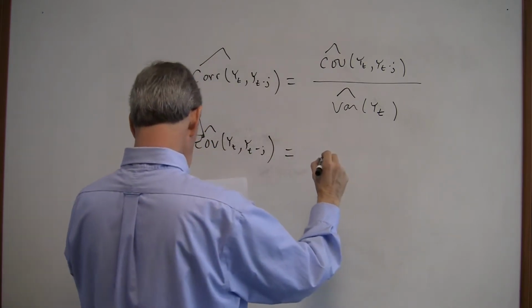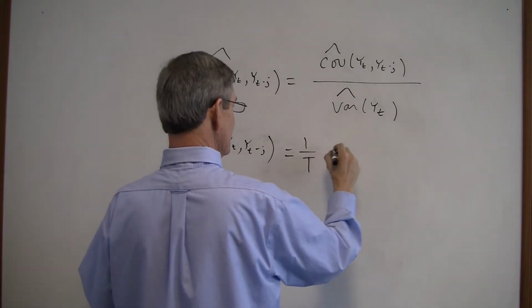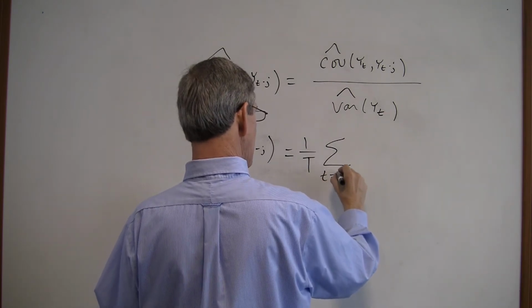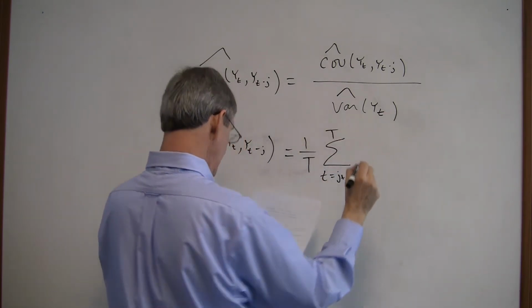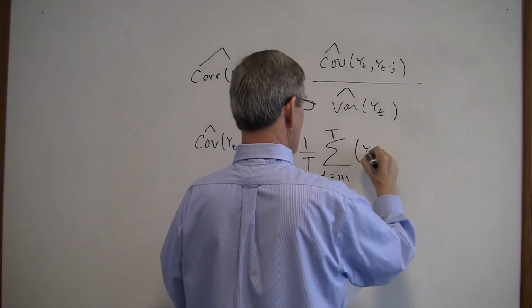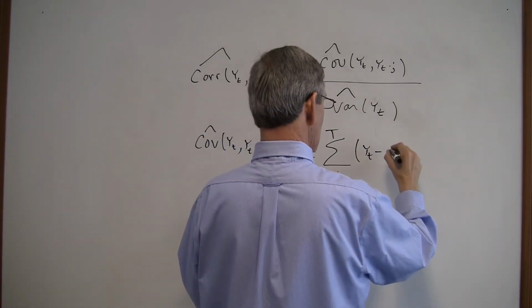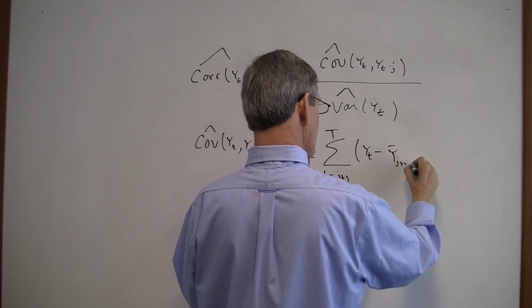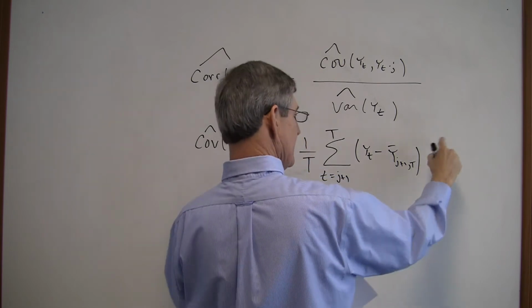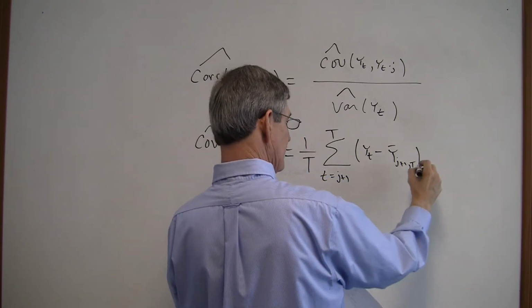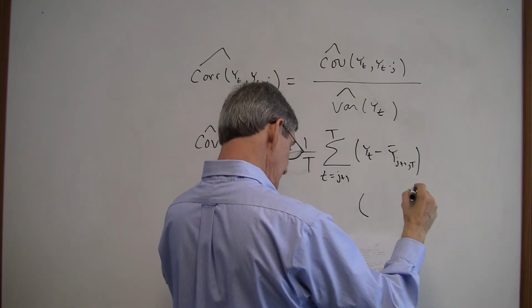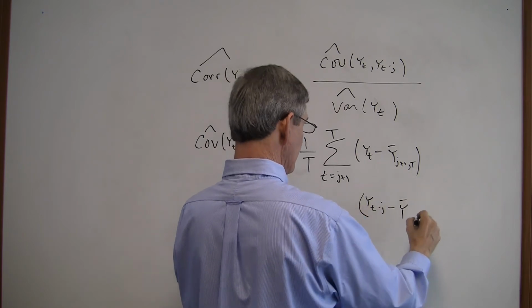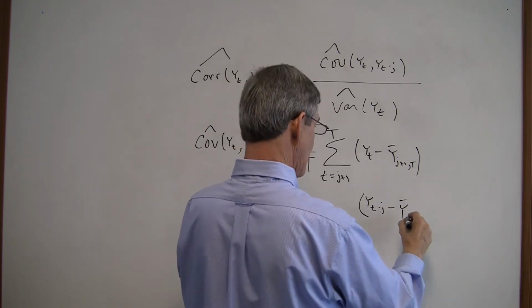It would be 1 over T times the sum from t equals j plus 1 to capital T of yt minus y bar from j plus 1 to T, times yt minus j minus y bar from 1 to T minus j.